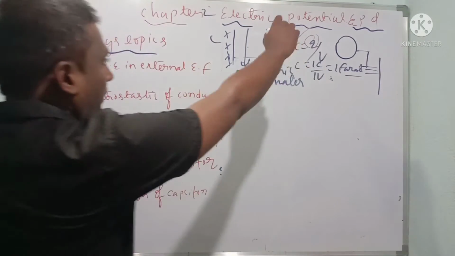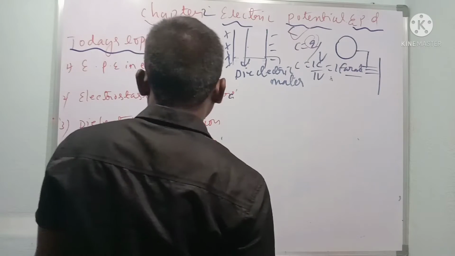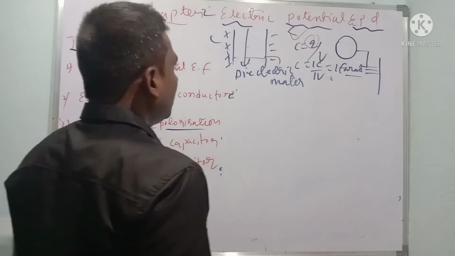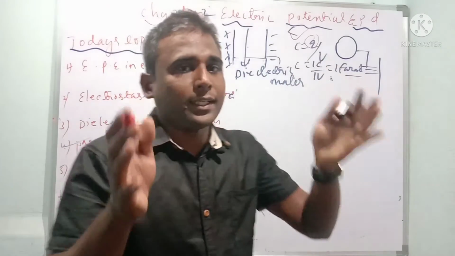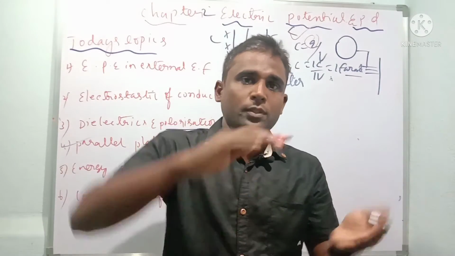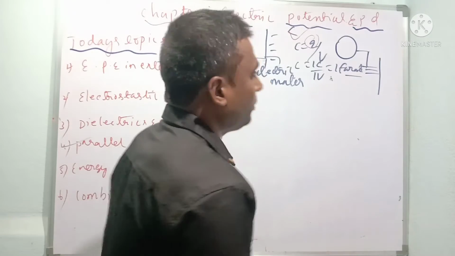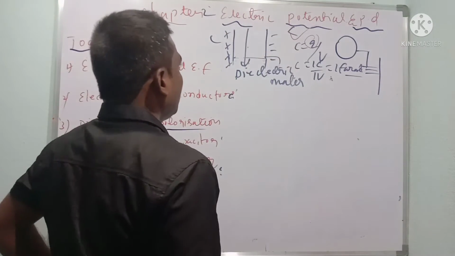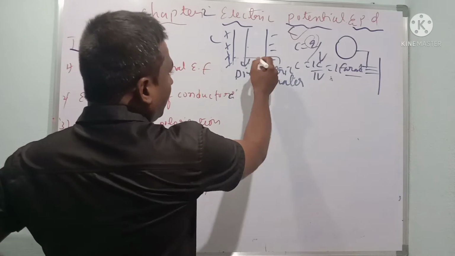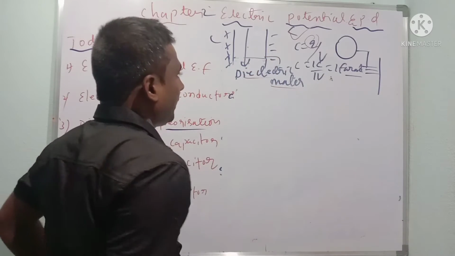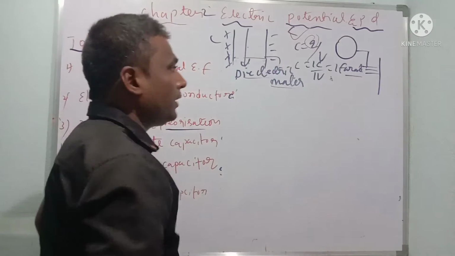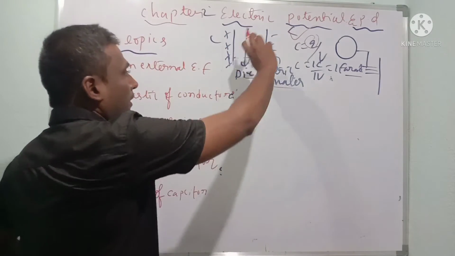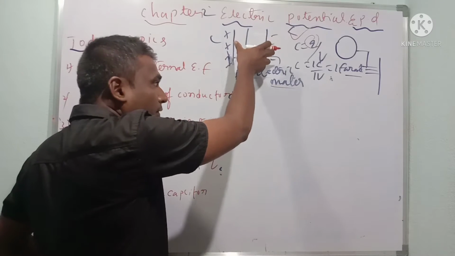Now you understood about capacitors, so come to the next point, the parallel plate capacitor. We keep the conductors in a parallel position. Here, plus and minus, and between them we keep dielectric plates.